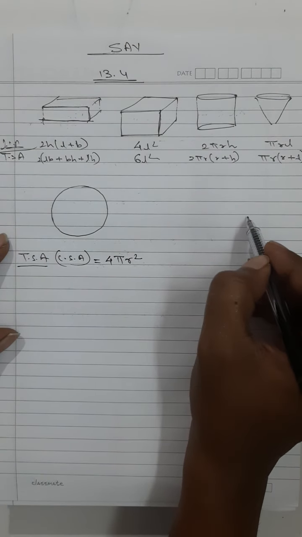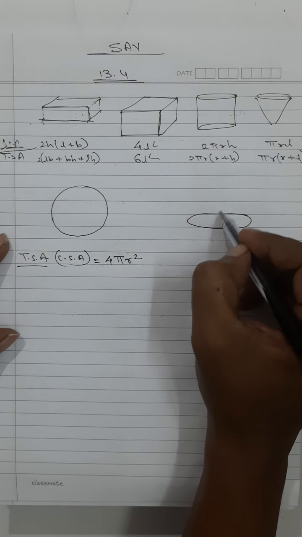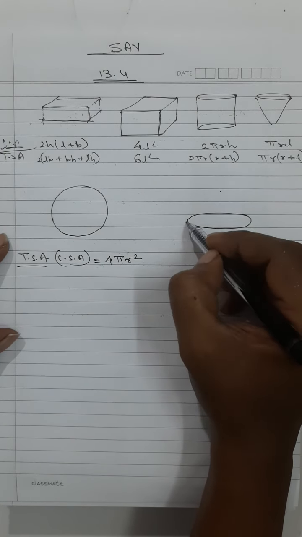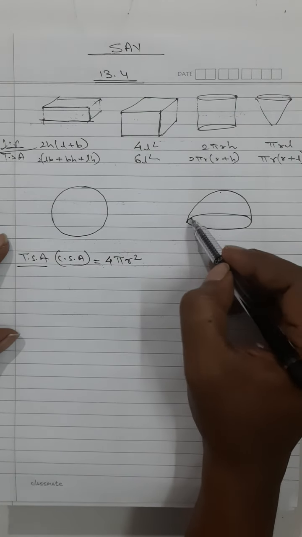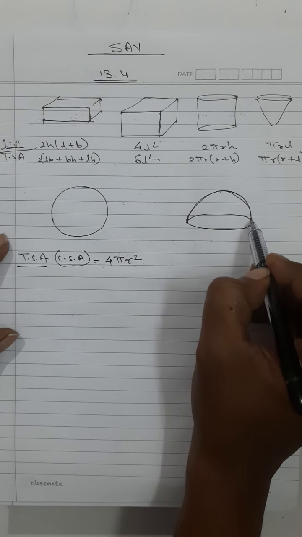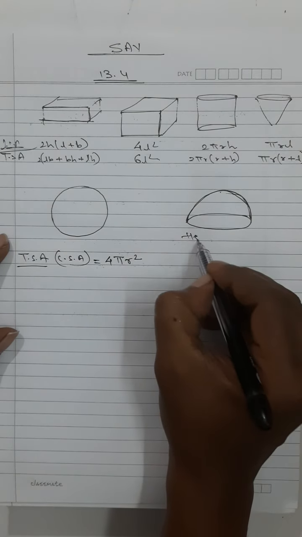The other figure basically is half of the sphere, something of this sort. It is exactly half of the sphere. So when it comes to sphere, hemisphere, this is hemisphere.